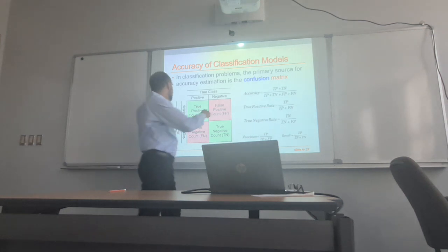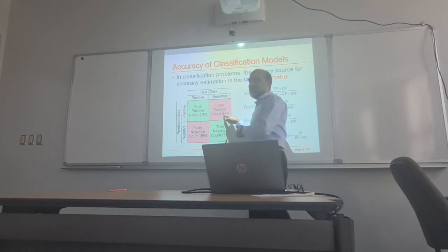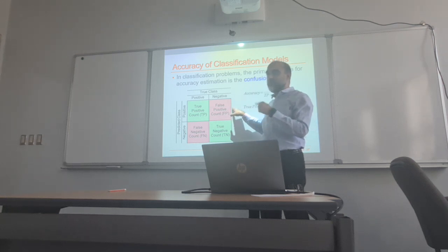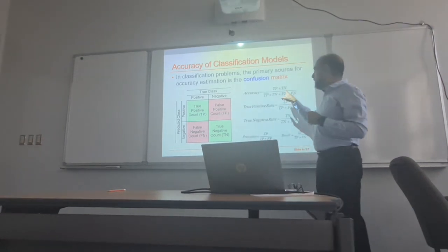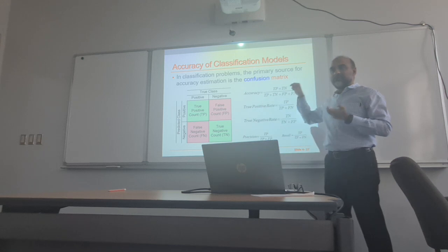No. See here. False positive is when the model should have said no, but it called it yes. You understand that? It should have said no, it does not belong to that class, but said yes, it belongs to this class. So you have to see how many times it was correct over all counts.